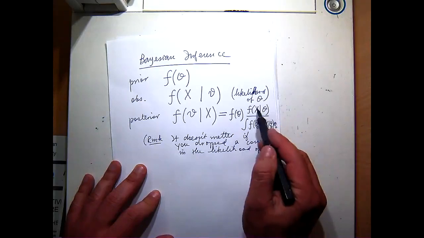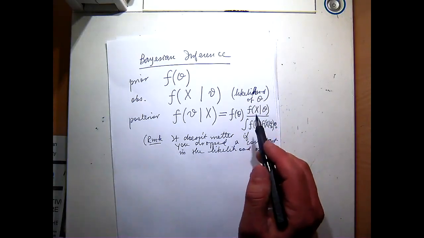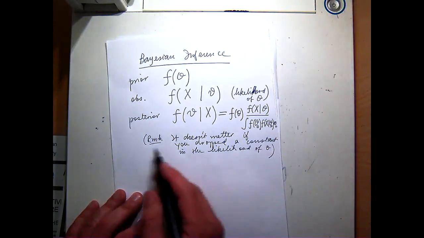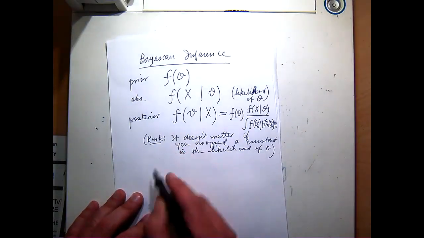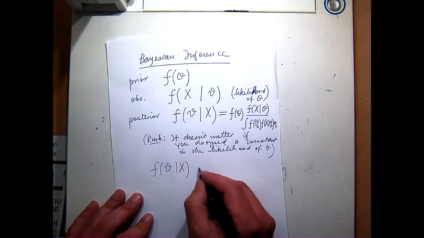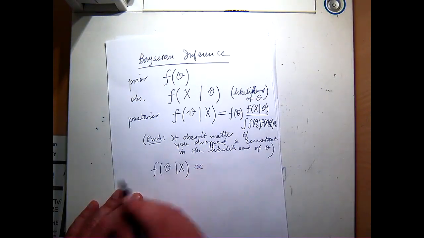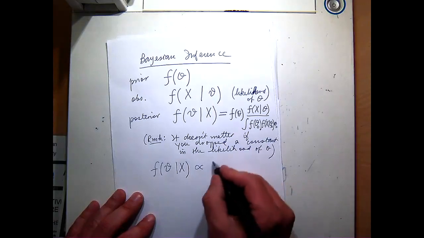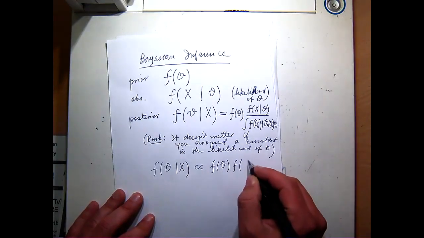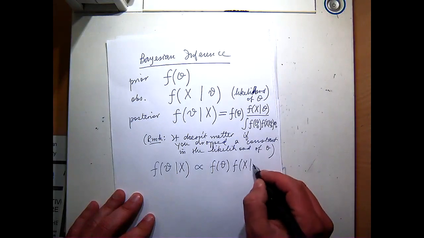Because if you did, you'd have the same constant in numerator and denominator, so you get the exact correct posterior. The second remark is that often, if we're just trying to recognize a density, and also for some other purposes, we don't want to get the exact density. It's enough to get proportional. So it's enough to say proportional to f of theta times f of capital X given theta.